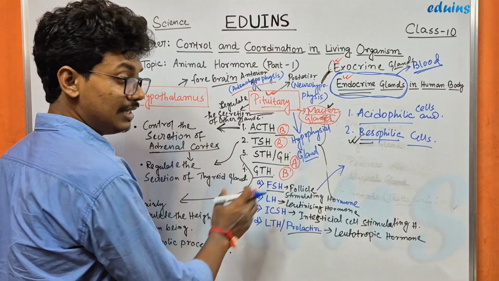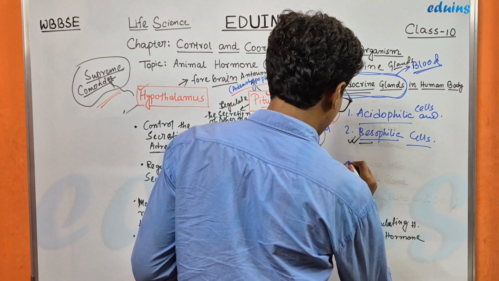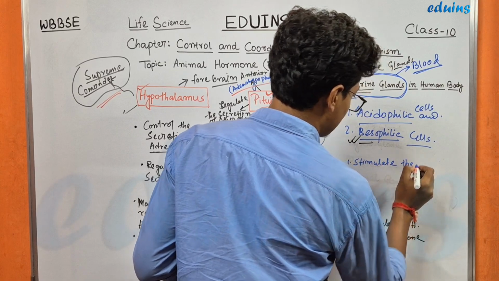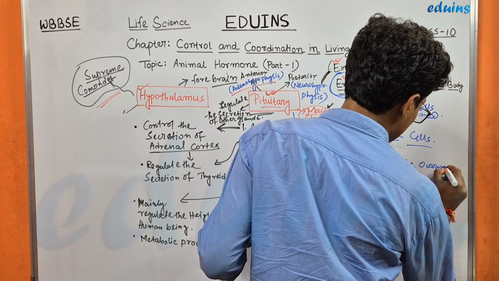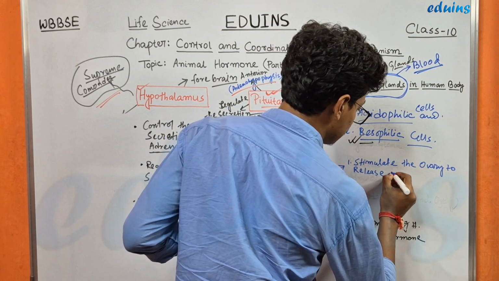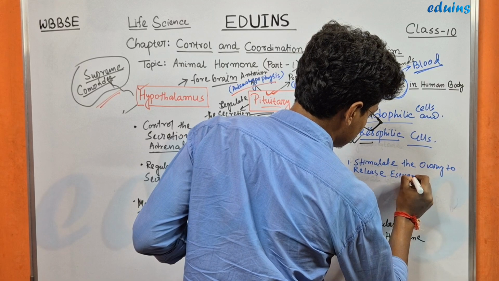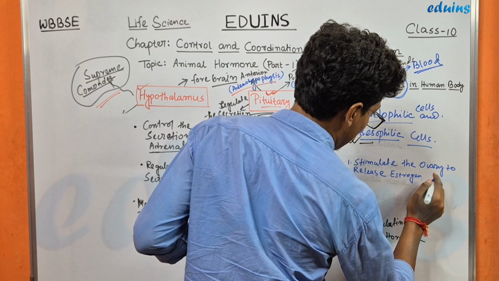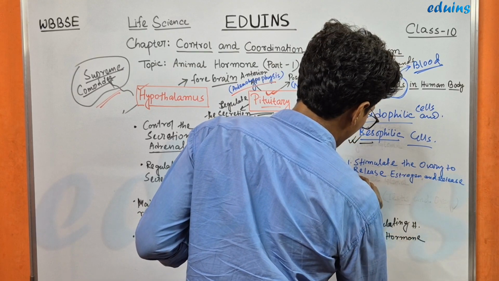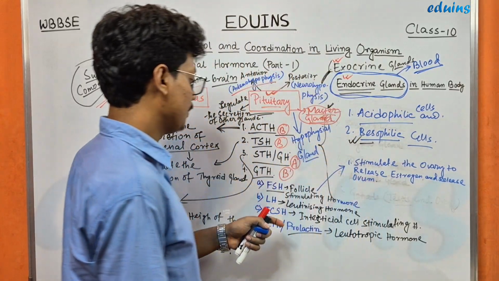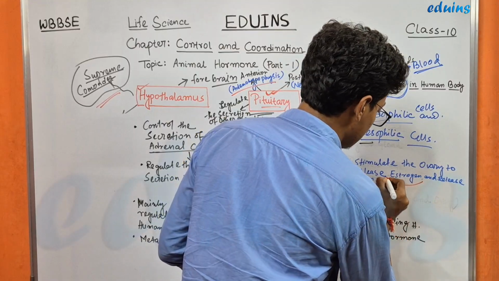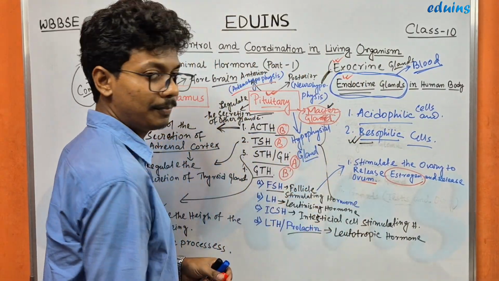That is mainly present in case of female, which stimulates the ovary to release estrogen and release ovum. Okay, the function of FSH is to stimulate the release of the hormone, that is estrogen, and to release ovum.